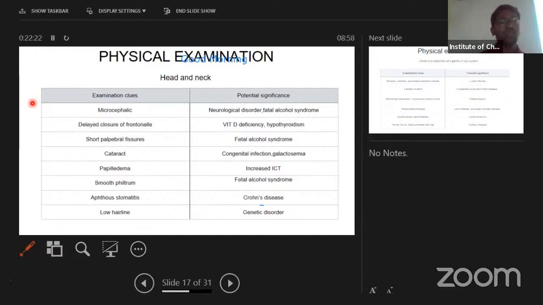The delayed closure of the fontanelle is present with vitamin D deficiency and hypothyroidism. Short palpebral fissure and smooth philtrum are present in fetal alcohol syndrome. Cataract is present in congenital infection, and papilledema is present in increased ICP.